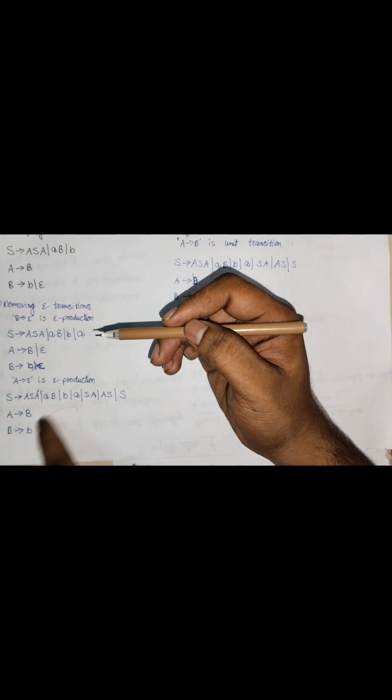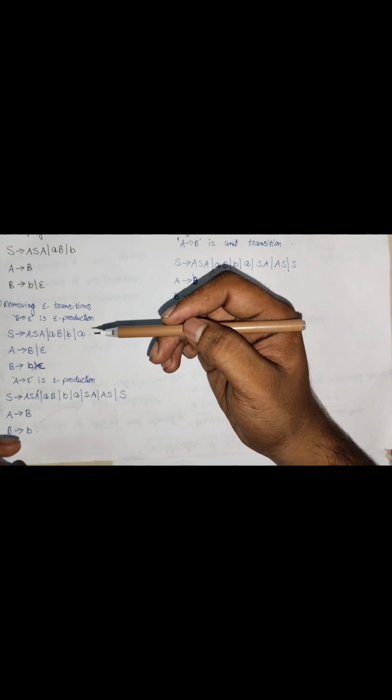Is there any epsilon? Check. No. So we have removed epsilon transitions. Now the second step was to remove unit transitions. Unit transitions are this one: a non-terminal tends to a single non-terminal, B. So this is a unit production.